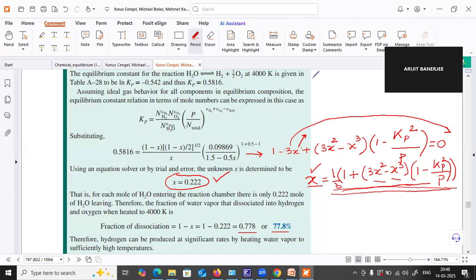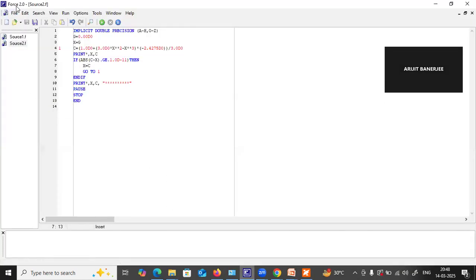The name of the compiler is Force 2.0. Maybe it is 2.09 or like that. After installation, it will look like this, Force 2.0, but actually the version is Force 2.09. G77 like that. So you will install it. It will take a very small amount of hard disk space, about 2 megabytes for the application.